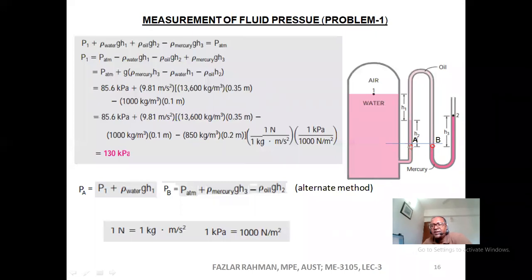Because this side has water, and the top of point B has oil and the bottom has mercury. So there is no way you can swim from right here to right here. You have to look a little carefully at what I'm saying.